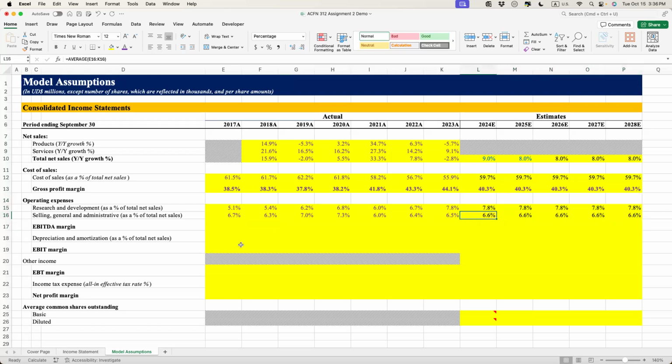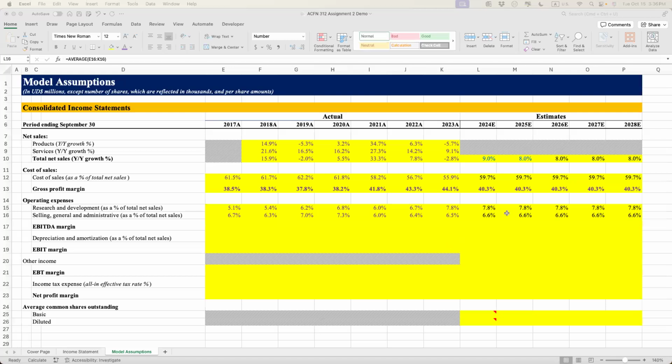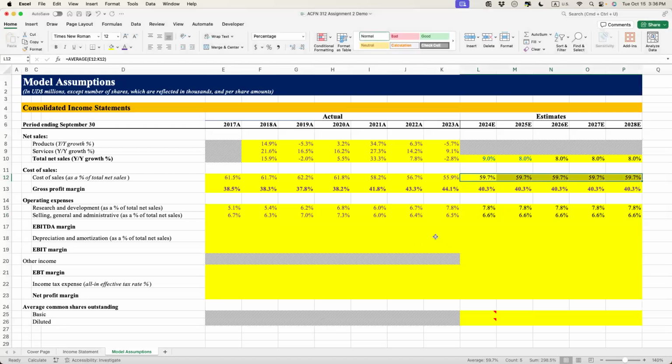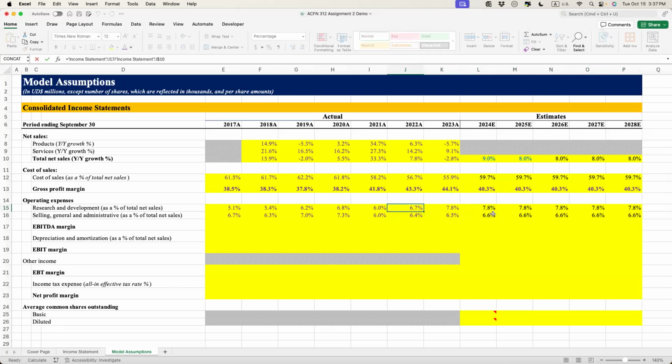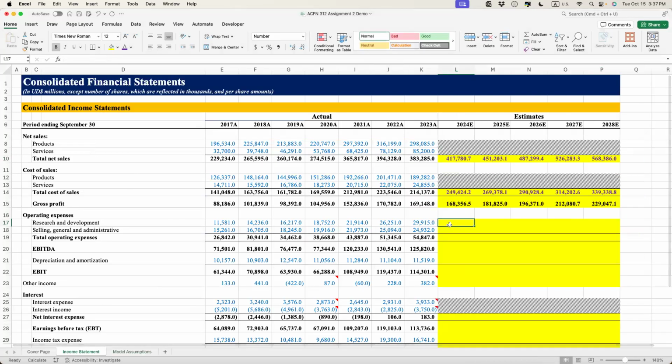Okay, so once we have this done, we're basically going to do exactly the same thing as the cost of sales calculations. We know that when we calculate the percentage, we divide it by the sales. Now, to solve for these values in the income statement, we just use this percentage multiplied by the projected sales. So let's go back here. We do the same thing.